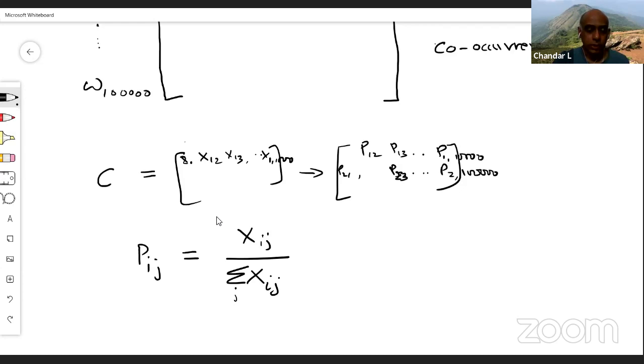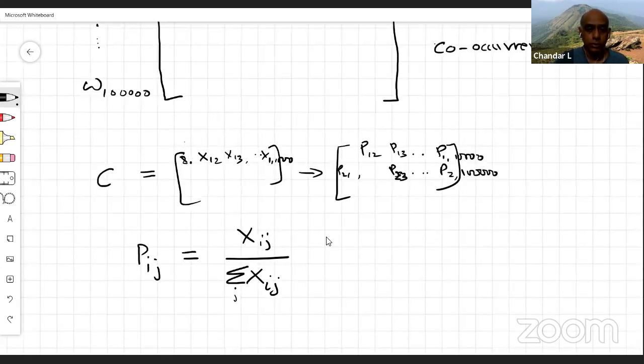What we are saying is, while the absolute counts may be X12, X13 and all the way up to X1 100,000, the probability that word j occurs in the context of word i is the number of times it occurs divided by the total number that any of the words occur, right? So this is Pij, and likewise, from here to here you are converting the actual co-occurrence count to the probability of co-occurrence.